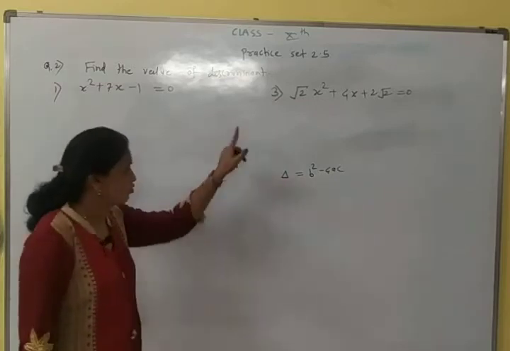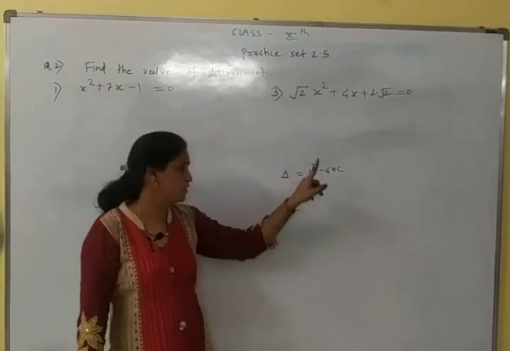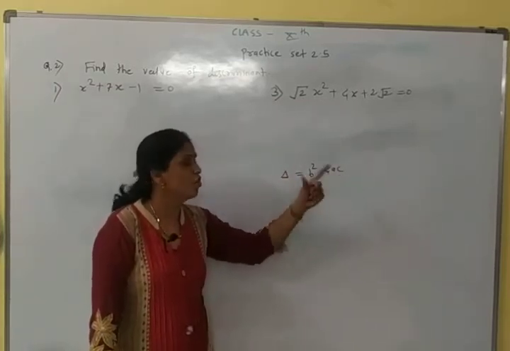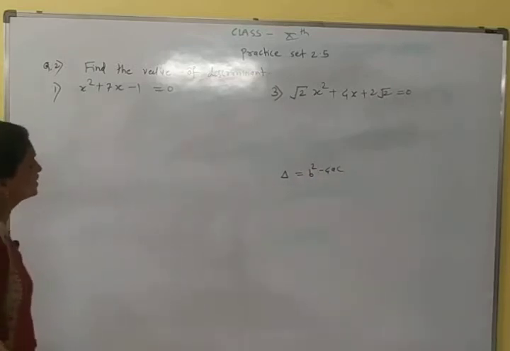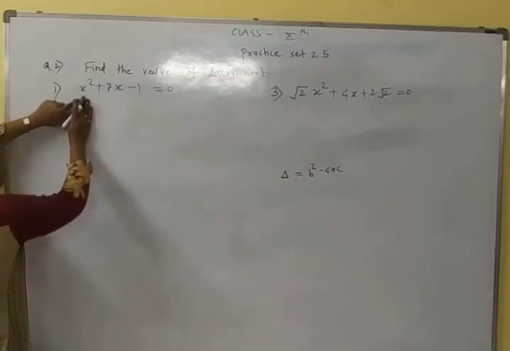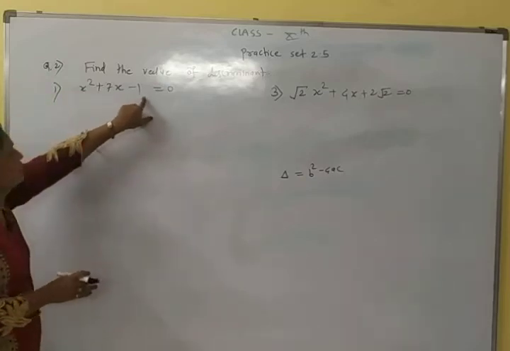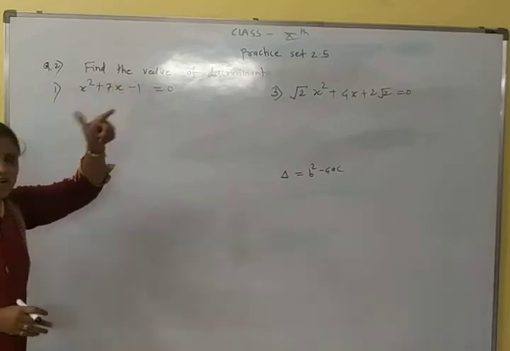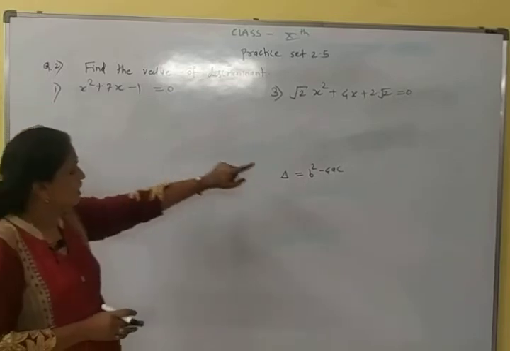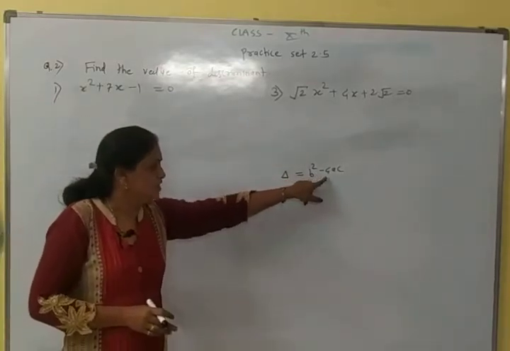So first we have to find delta, the value of b square minus 4ac. Here first problem, x square plus 7x minus 1 equal to 0. Find the value of the discriminant, that is, the value of b square minus 4ac.